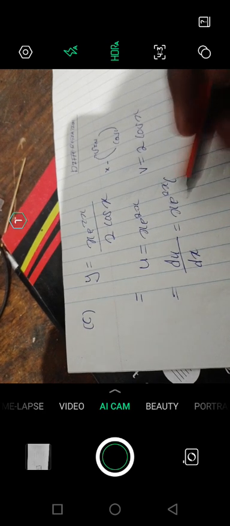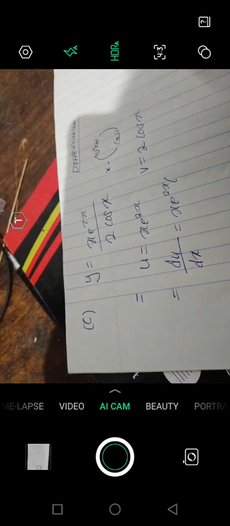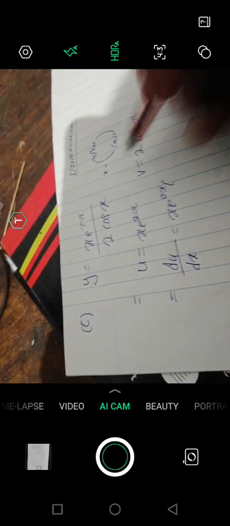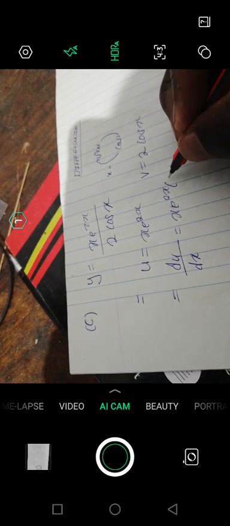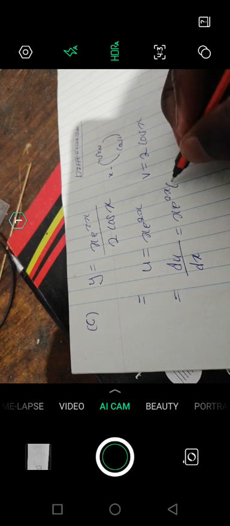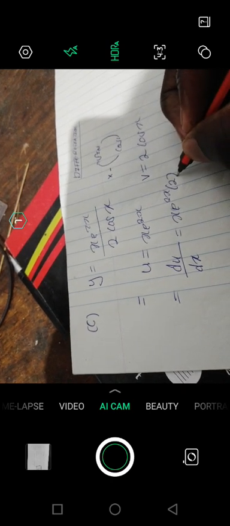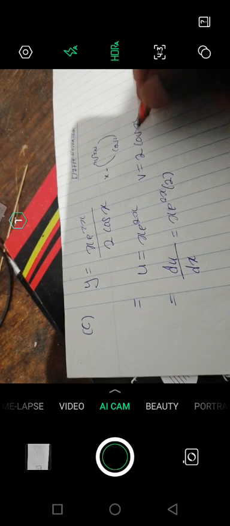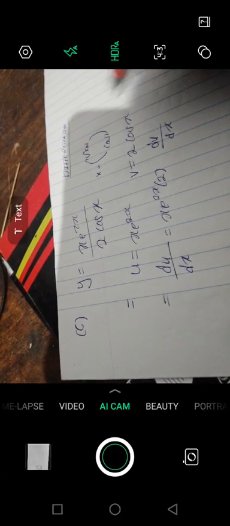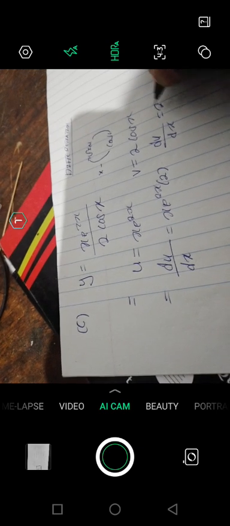But in the other way, you have to find the derivative of 2x, and the derivative of 2x is 2, right? What about v? We differentiate this to be dv with respect to x, which is dv dx, is equal to 2.